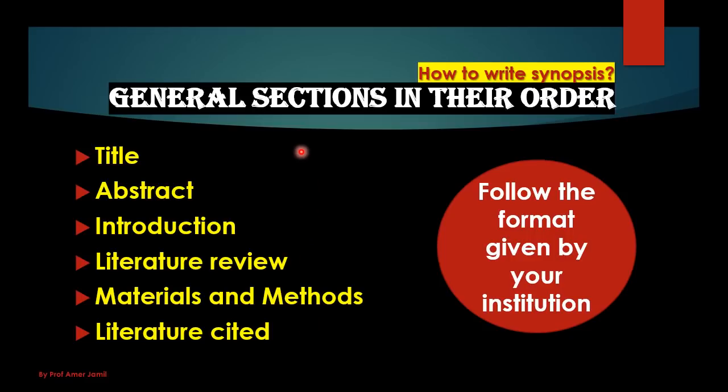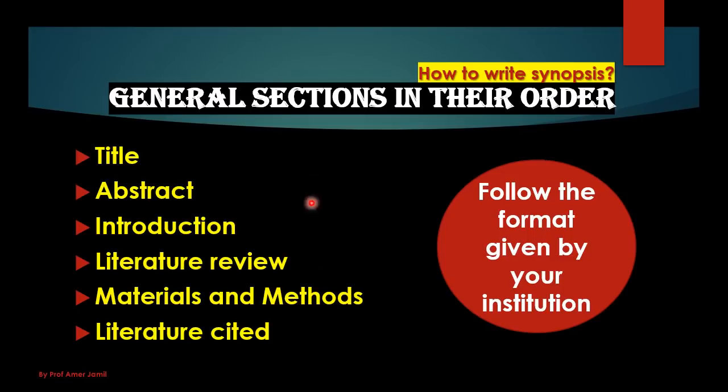But you do not write the synopsis in this order, because of course you cannot finalize your title, or you cannot write the abstract before you write the introduction and materials and methods. And this I will discuss in the next part of my video, how to write and which section you should write first.